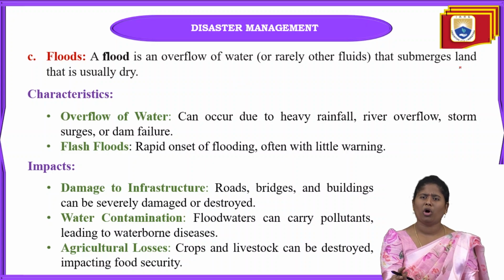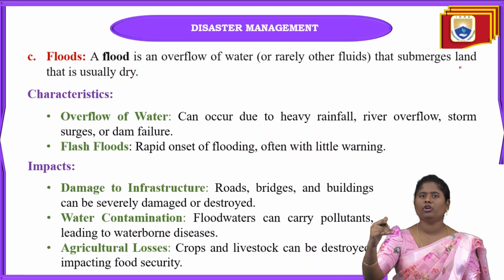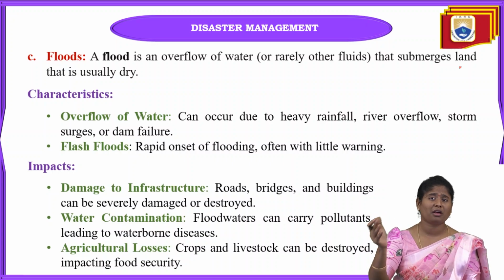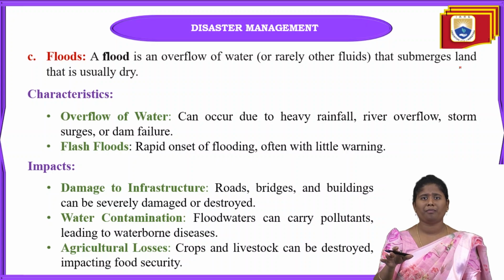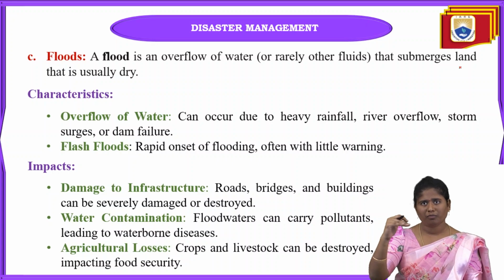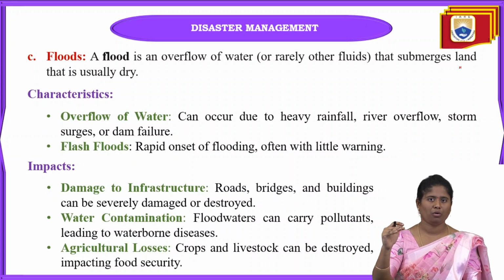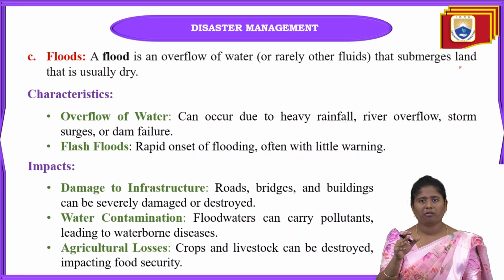If the water in the rivers or oceans gets filled, it will go onto the earth surface. If the earth surface is already wet, that wet percentage can't take the water again and again. So that water will flow on the earth surface. Water flowing on the earth surface is called floods here.